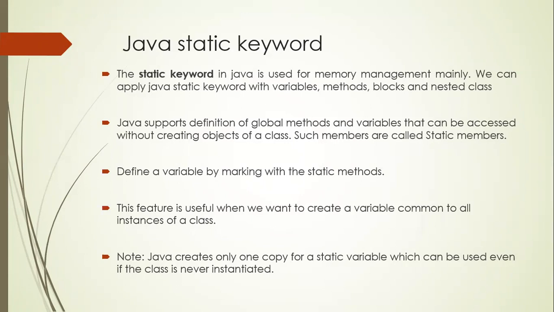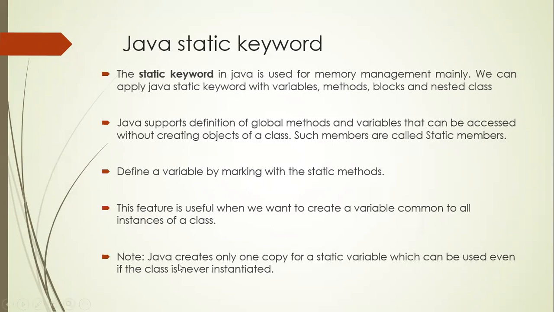Which ones are unique? Roll number and name are both unique for every student. The data member common for all the students is university. I will show you one example in the next slide.